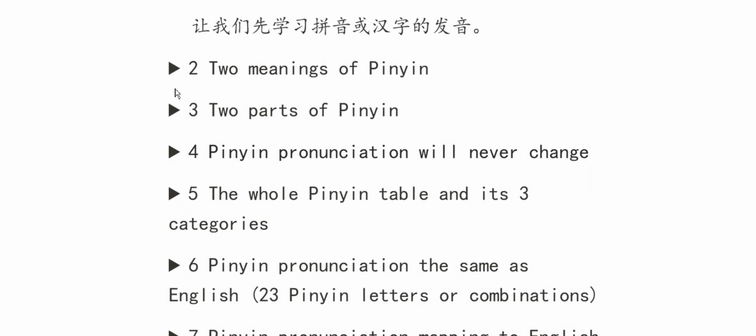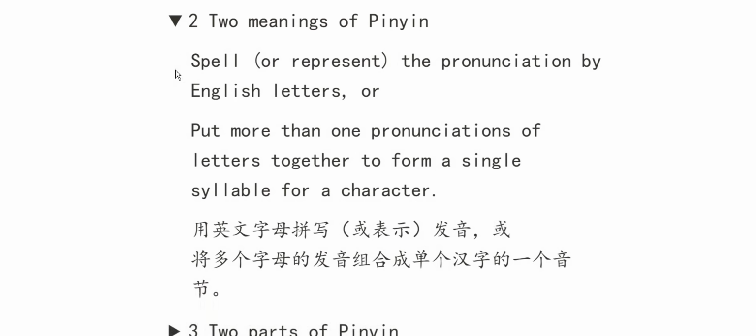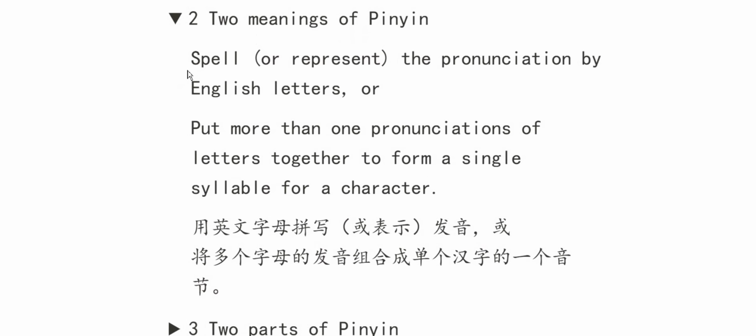Now let's move on to the next topic, 2 meanings of Pinyin. So the first meaning is to spell or represent the pronunciation by English letters. So this is the first meaning of pinyin.